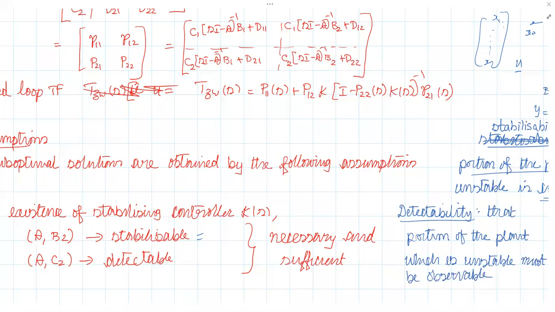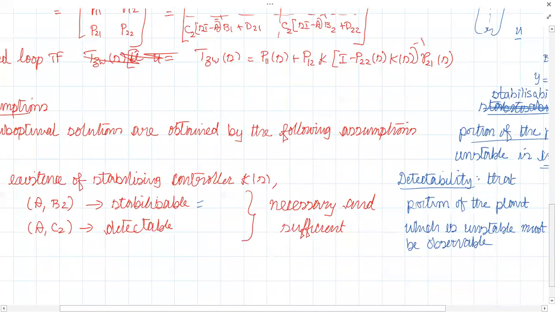Okay, so that is what we mean by detectability, right? So if you are able to detect the unstable modes or the unstable states from the output, then you can say that the plant is detectable. Okay, so this condition is necessary and sufficient for existence of a stabilized controller.